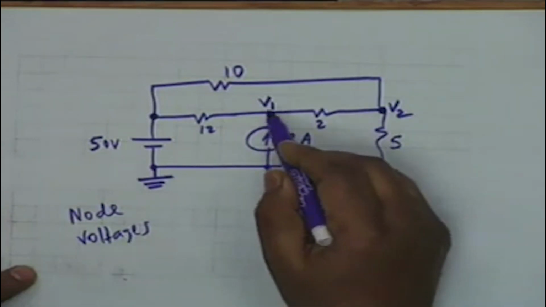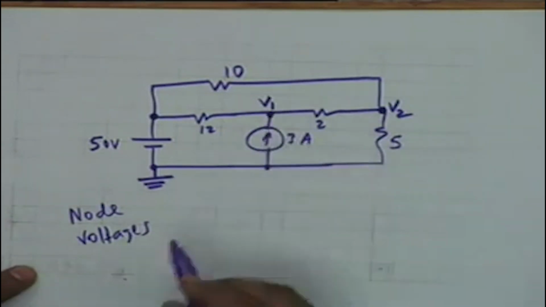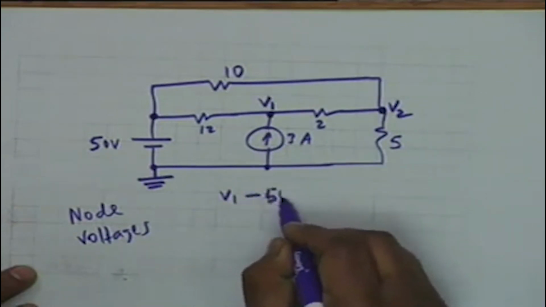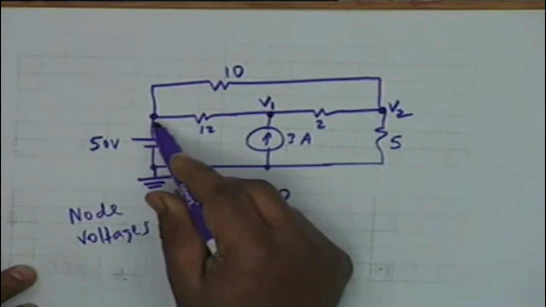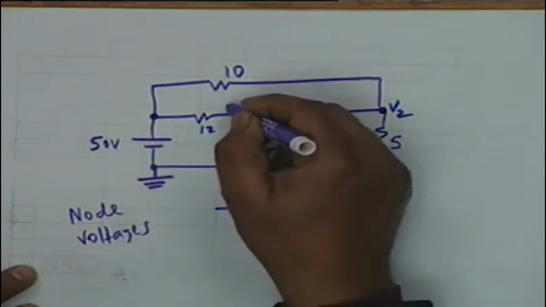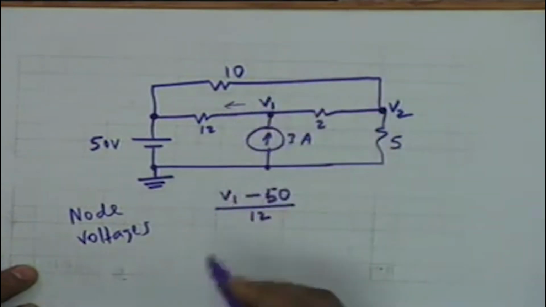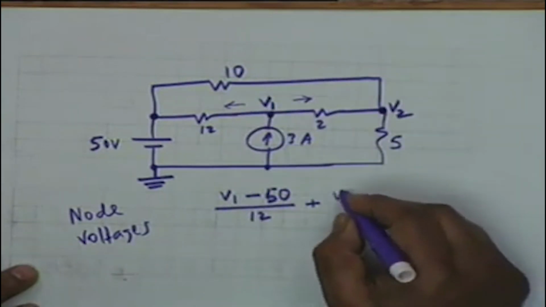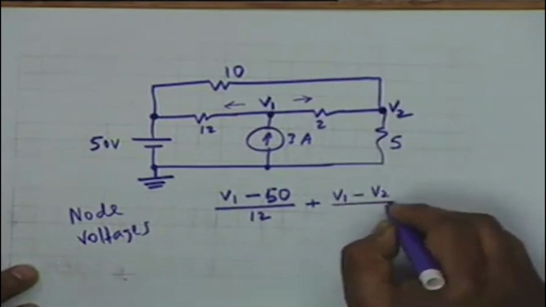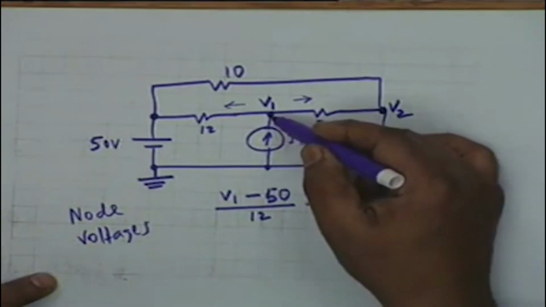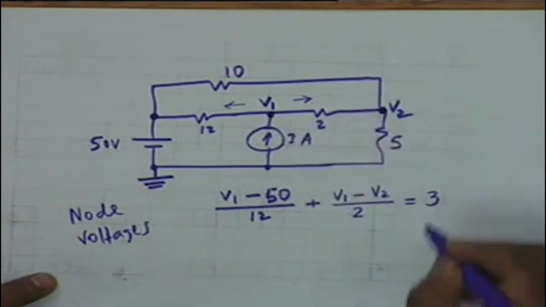At this node, the currents that are leaving this node are (V1 minus 50) divided by 12. This is the current that leaves in this direction, plus the current that leaves in this direction is (V1 minus V2) divided by 2, and the current that comes to the node is equal to 3.